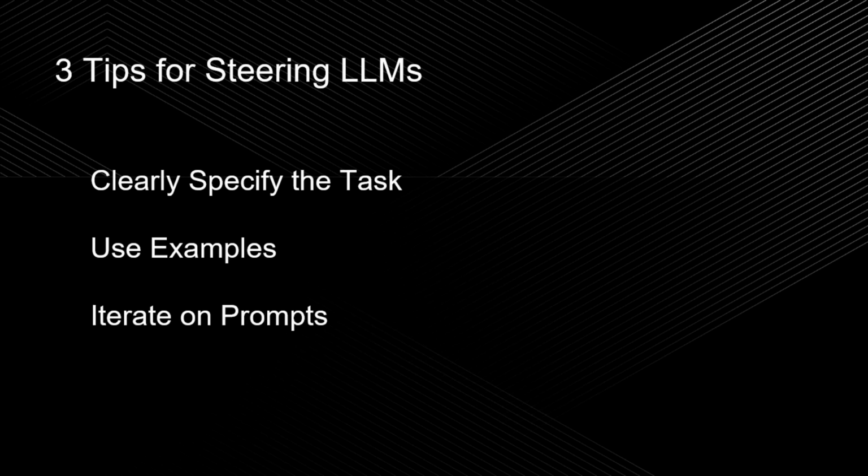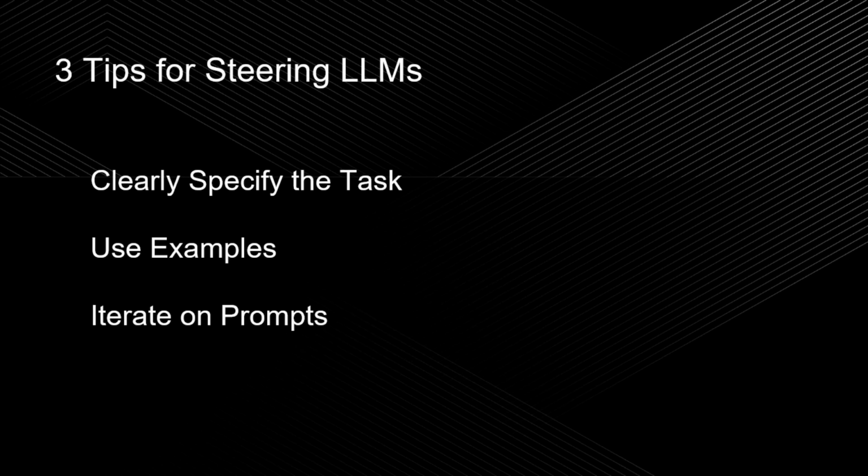Number 2, use examples. Illustrate what you are looking for by providing 1 or 2 examples of the desired output. This gives the model a template to follow and improves its understanding of the task. Examples enable intuitive prompting. Number 3, iterate on prompts.